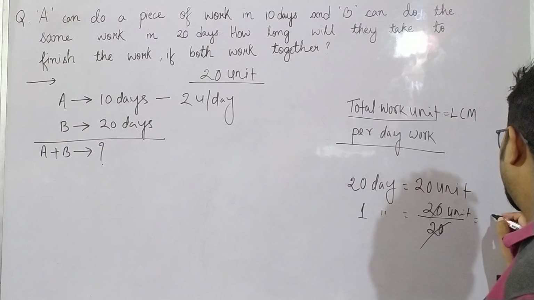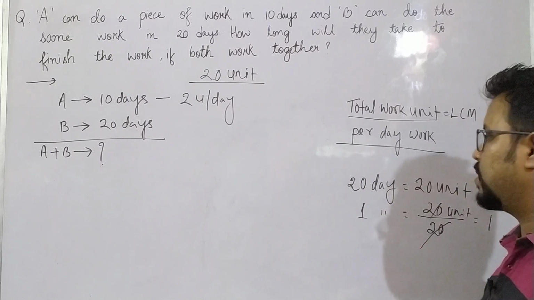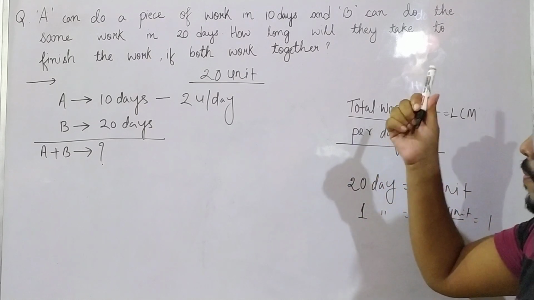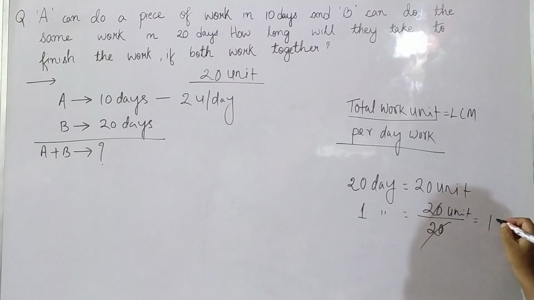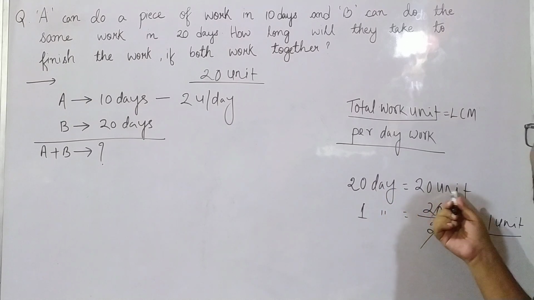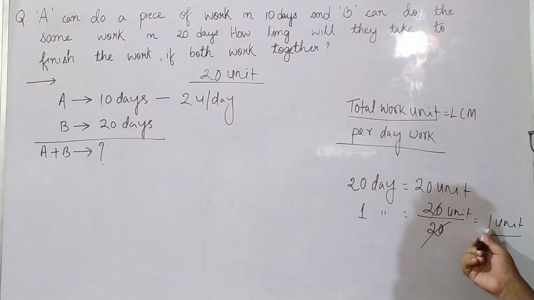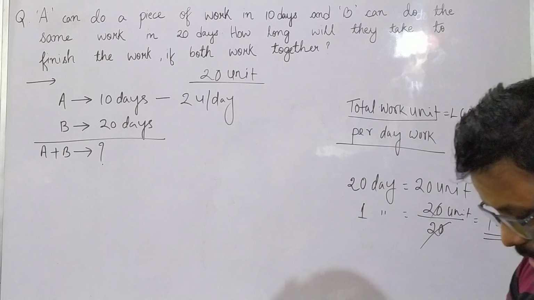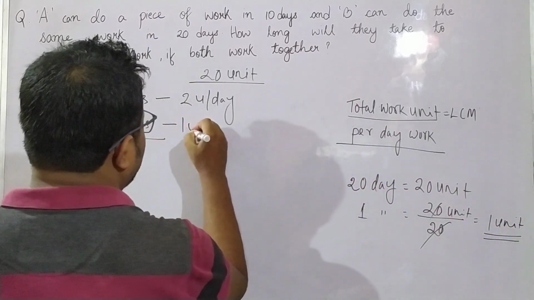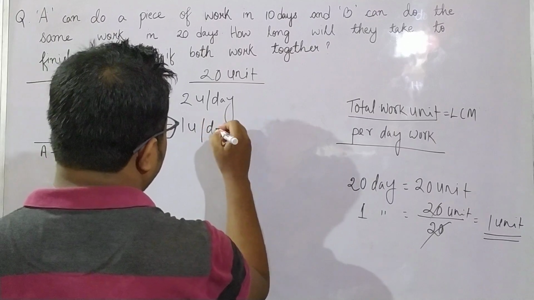In 1 day B has to do 1 unit. In 20 days B does 20 units. In 1 day B does how much? 1 unit. So 1 unit per day.